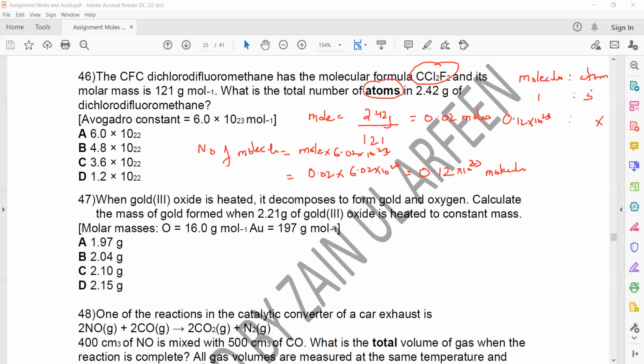So 0.12 into 10 power 23 multiplied by 5, that will give us the total number of atoms, which will come out around 6 exponent 23. So A will be the right answer. Is it clear?